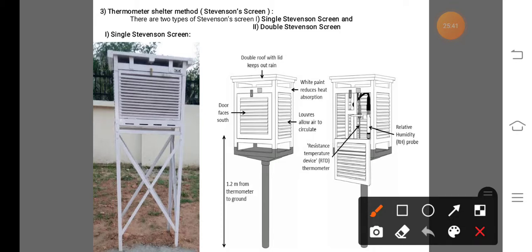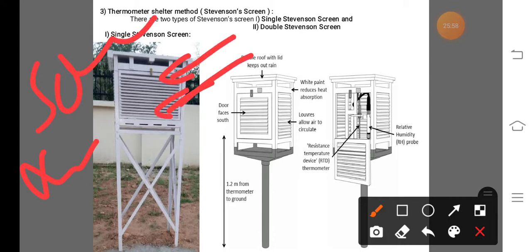Now the next, this single Stevenson screen is always painted with white paint to also avoid the adverse effect of solar radiation, that means the radiation received on this single Stevenson screen.